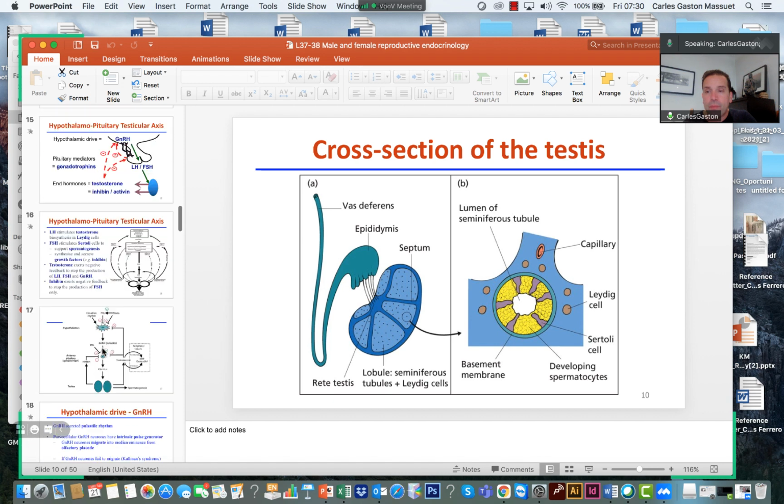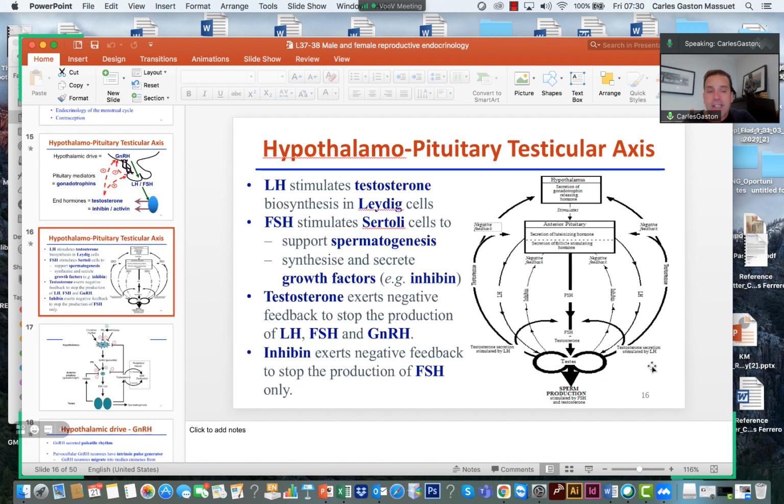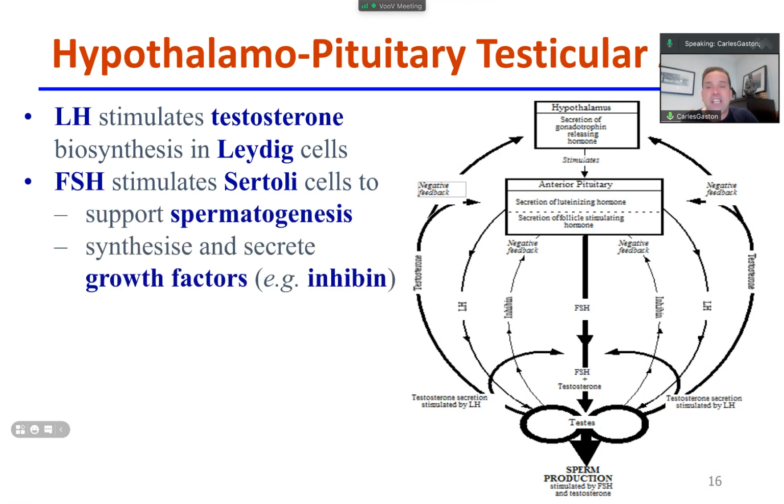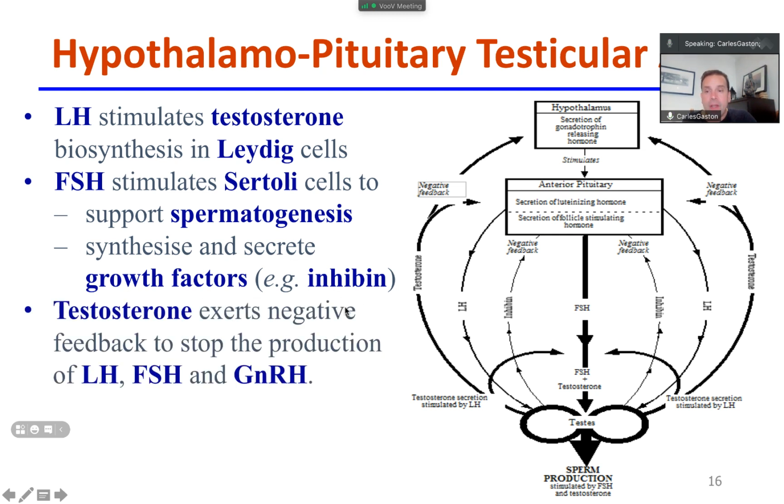So LH stimulates the production of testosterone in the Leydig cells. FSH stimulates Sertoli cells to support spermatogenesis and synthesis and secretes growth factors such as inhibin.